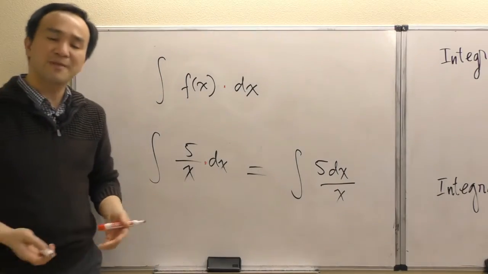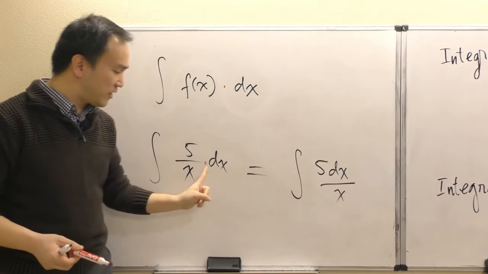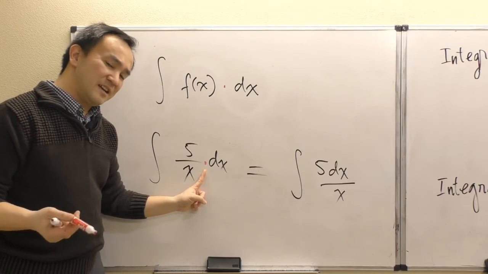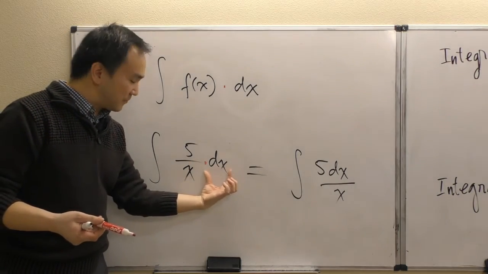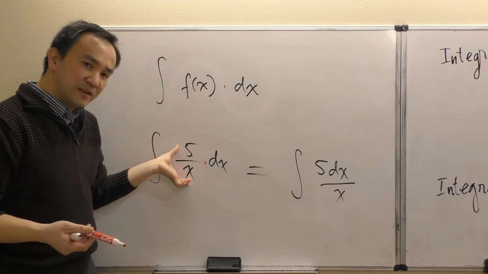It's the exact same problem, but how can this be? It's simply because we have now accepted and understood that the connection between this expression and that 5 over x function is a multiplication.